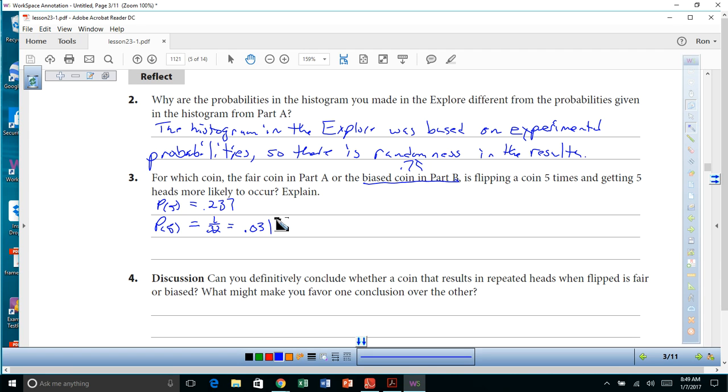Okay, so it's about 7 times more likely that you're going to get it with the biased coin than you are with the fair coin.